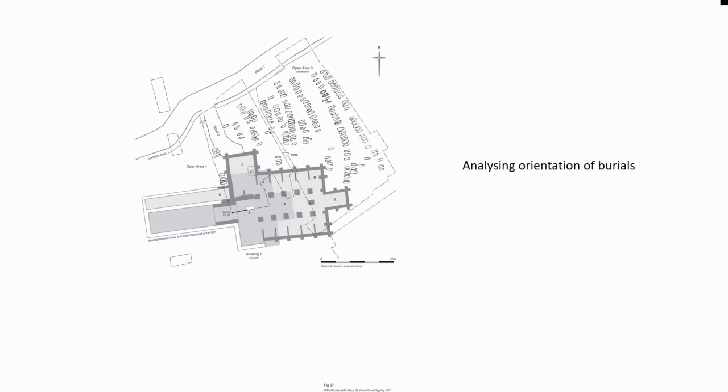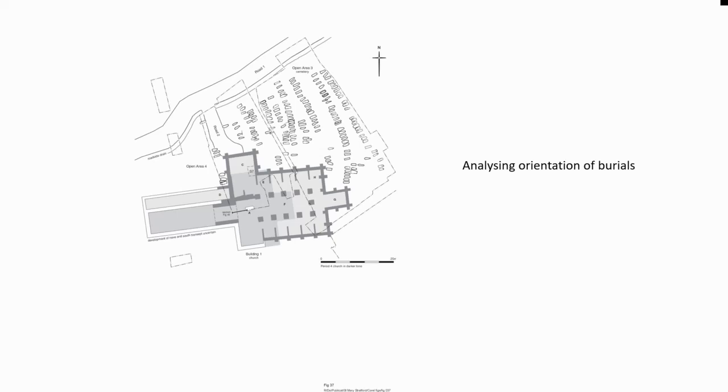This is an example of another medieval church from London, St John's in Stratford, and one can see here that the burials closest to the church, they're fairly well east-west aligned, as you'd expect. But as you come up against this boundary here, you can see them curving away.